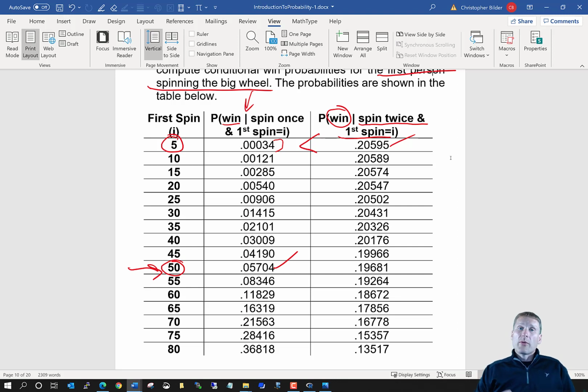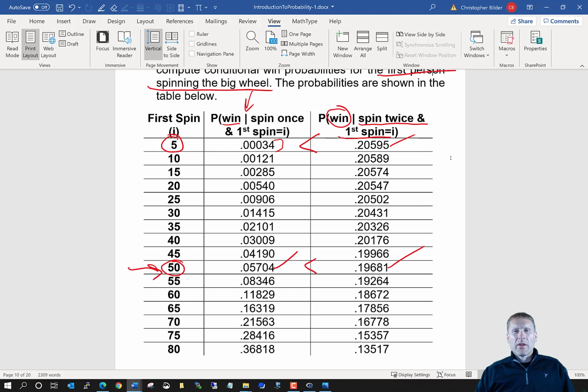Why? Well, remember there are 2 other contestants that still have to spin. But if they had taken that second spin, now the probability is 0.19681.